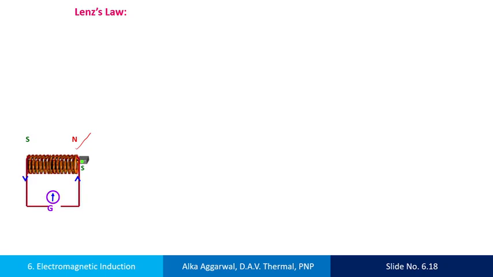Now to make it more clear, let us take one more example. Now it is a coil, and when the circuit is completed, when we press the switch, then the circuit is complete and the current is flowing. The current takes some time to become constant.